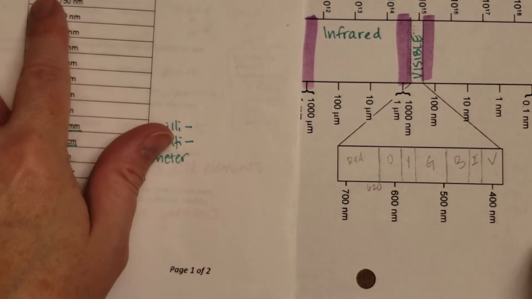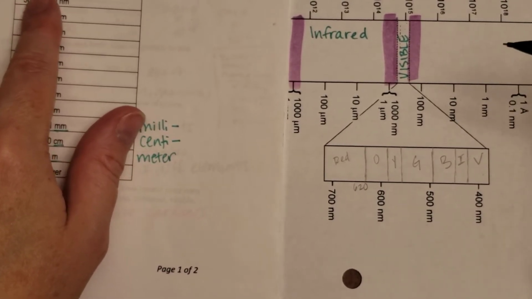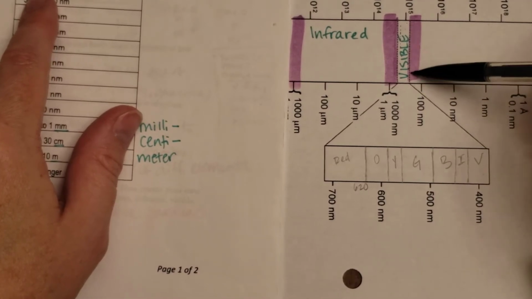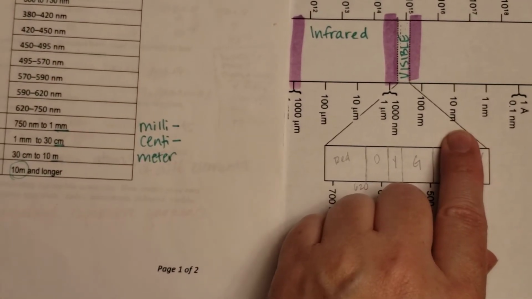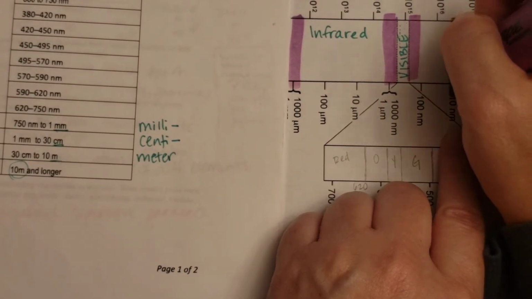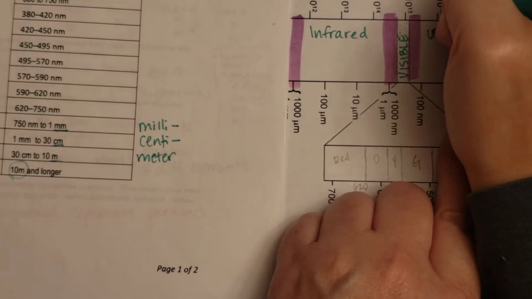All right, so we'll move up to UV. So we're going to go from 400 nanometers to 10 nanometers. So here's about our 400, and then here's our 10 nanometers. So we'll draw that line again. That'll be our UV light.